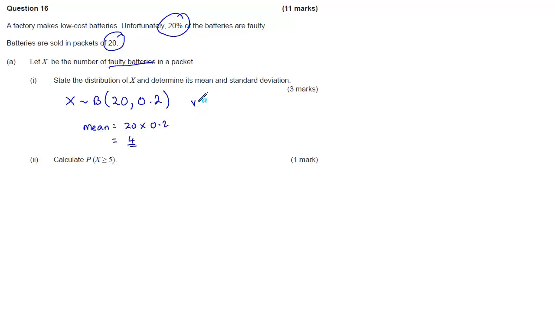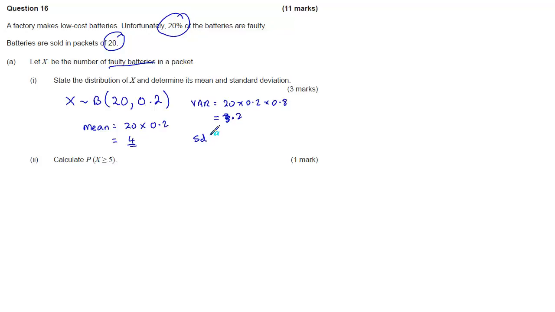And the variance is np(1 minus p), so that's going to be 20 times 0.2 times 0.8. So that's going to be 4 times 0.8, which is 3.2.